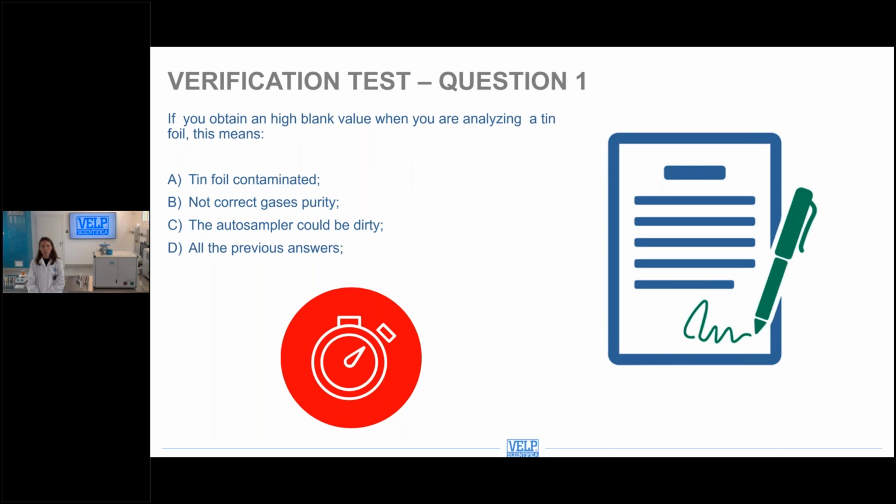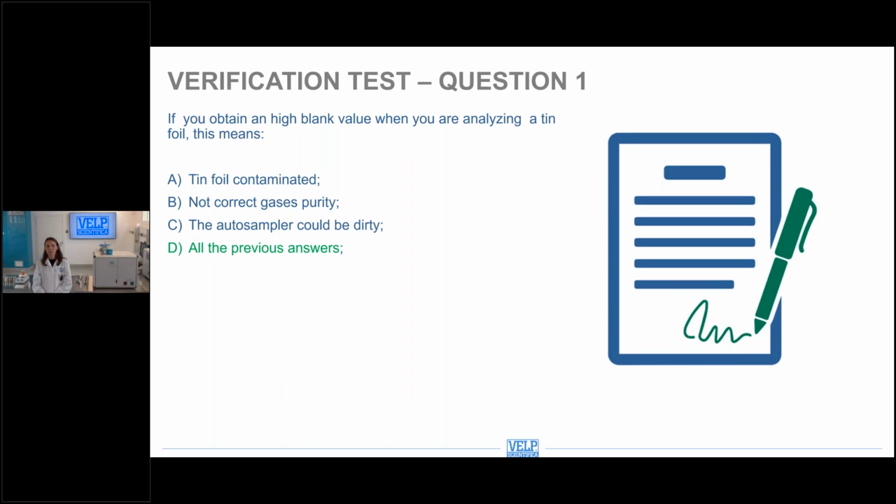Okay, so now I guess that everybody has answered in the chat, so let's see which will be the answer. So the correct answer is the number D. So all the previous answers, because you can obtain high blank value when a tin foil is contaminated. As my colleague told you, you have to wear protective gloves in order not to contaminate the tin foil.